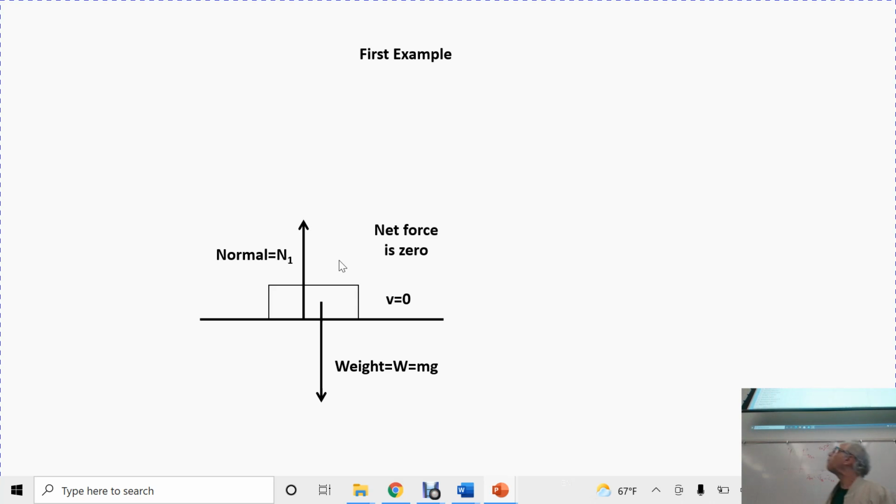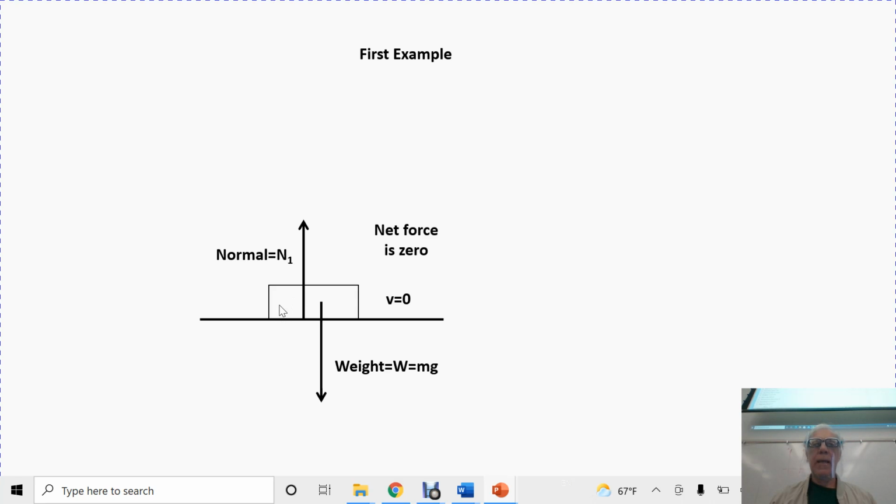So, first force that you have to remember, the weight, is related to the mass and the acceleration of gravity. And then a second force that you have to remember is the normal. It's a force between surfaces, and it's called normal because it makes an angle of 90 degrees with the surface.